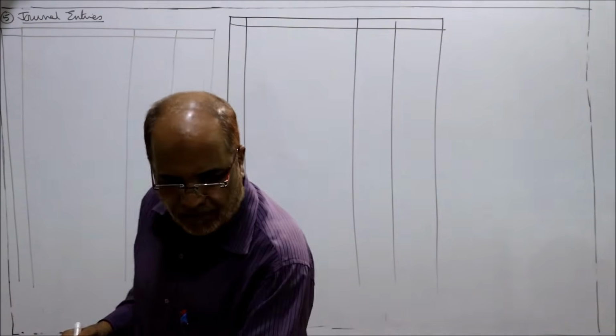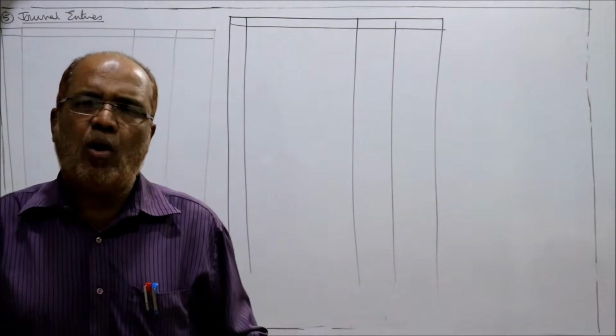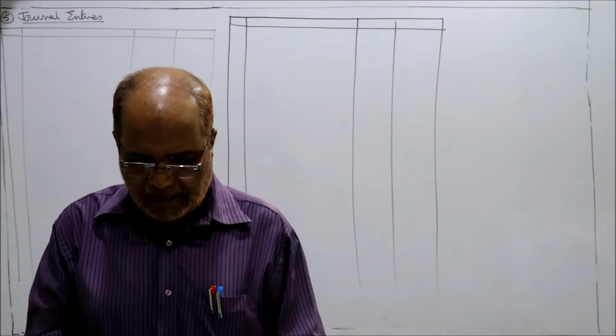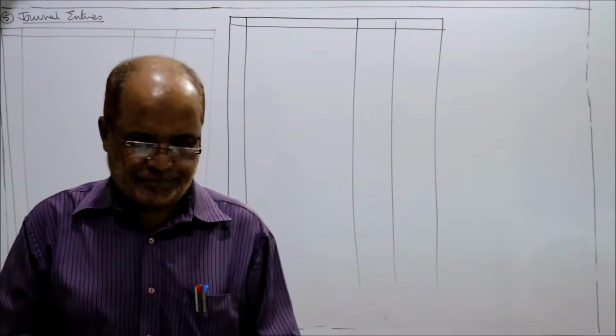We will pass the journal entry. The first entry will be transferring all the assets to realization. All the assets we will transfer to realization, right?